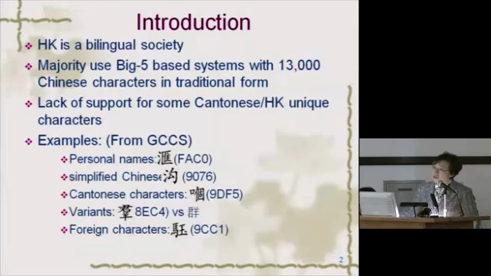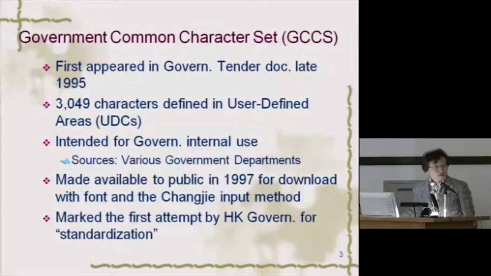This particular case is supposed to be a Japanese horse name because Hong Kong has this horse racing tradition. So they have horses coming from different places. The Japanese horses have Han characters. And I noticed that this character was not standardized in Japan either, so I'm not sure how they supported it. But that's the situation in Hong Kong before we had our own standard.